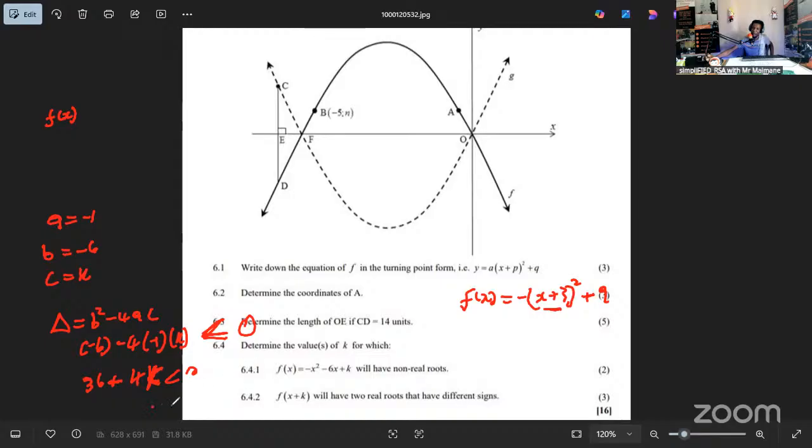Therefore, k will be less than minus 9 if I simplify it. But that's not the point. Since k is less than minus 9, and I understand that's the answer, but I wanted to use the approach of the graph.